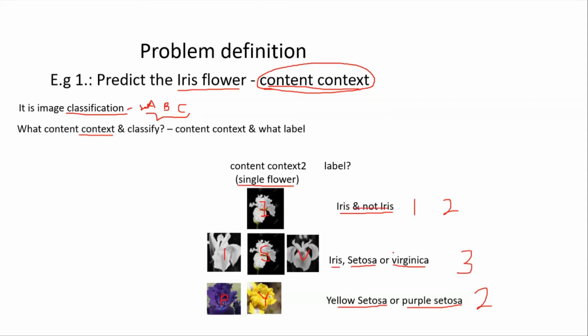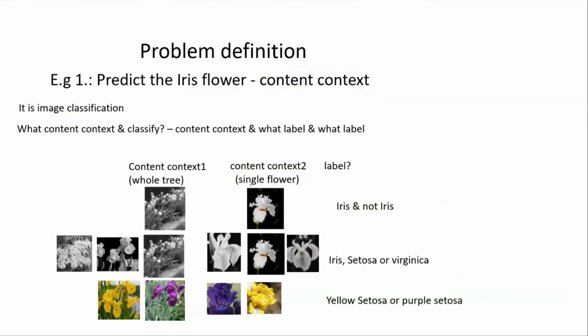Okay, now this is the content of a single flower. What about the whole tree? Just now it was a single flower. About the whole tree, this is the whole tree. Are these three iris tree type of flower or not?